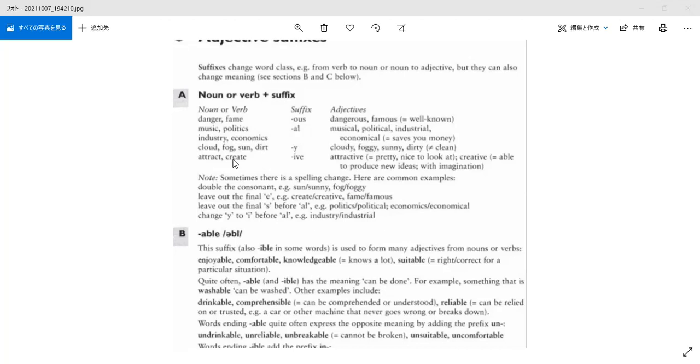Create is a verb, music is a noun, politics is also a noun. Fame, I think fame is also a noun. Danger, noun. Industry, economics also nouns. Create is a verb. Attract.